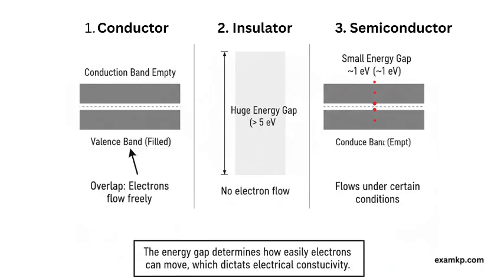The lower band, which is usually full of electrons, is called the valence band. Now, for electricity to flow, an electron has to get enough energy to jump up to the conduction band, which is mostly empty. That space it has to jump across is called the energy gap, and believe me, the size of this gap is the secret to everything.